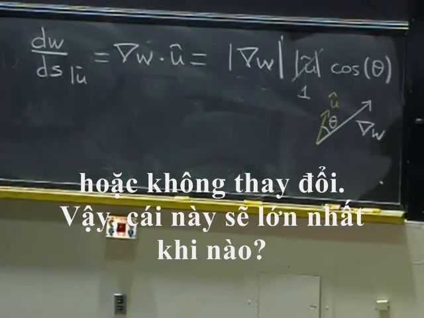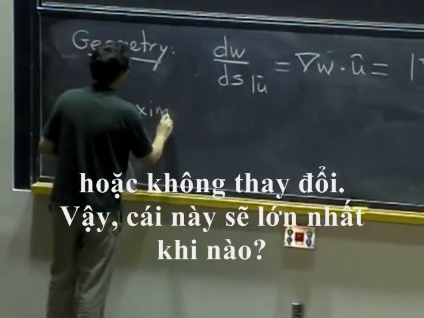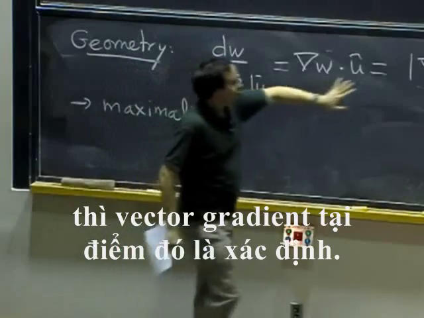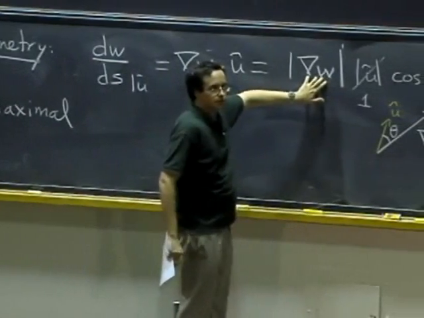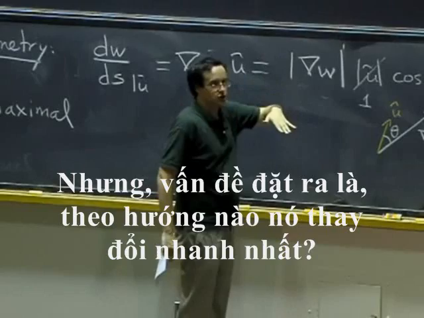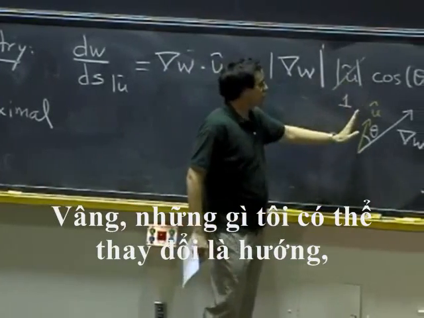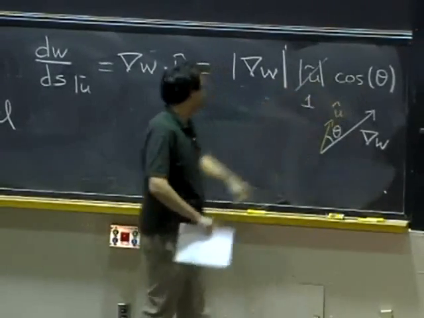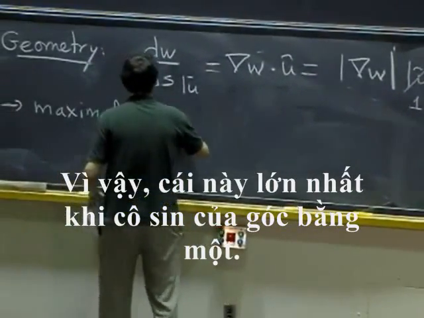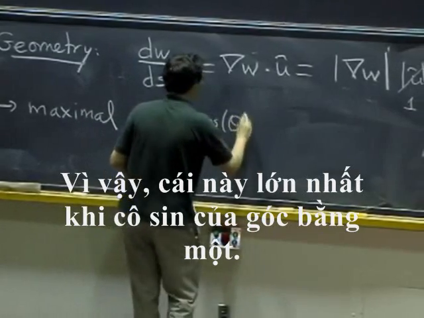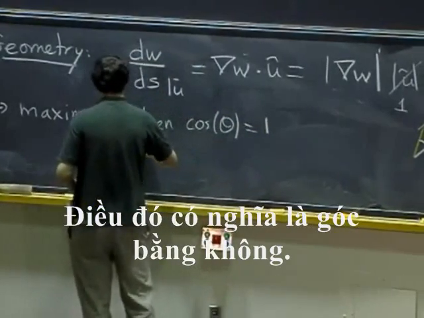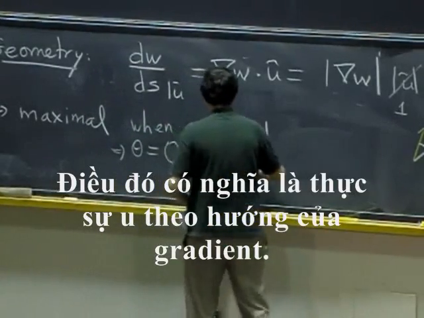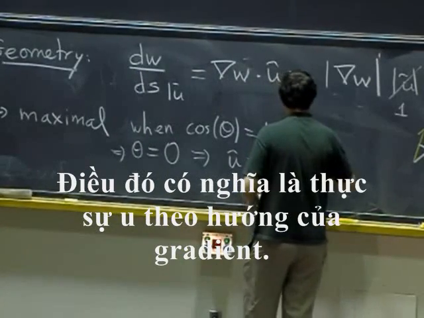So when is this going to be the largest? If I set a point, then the gradient vector at that point is given to me. But the question is, in which direction does it change the most quickly? Well, what I can change is the direction, and this will be the largest when the cosine is 1. So this is largest when cosine of the angle is 1. That means the angle is 0. That means u is actually in the direction of the gradient.